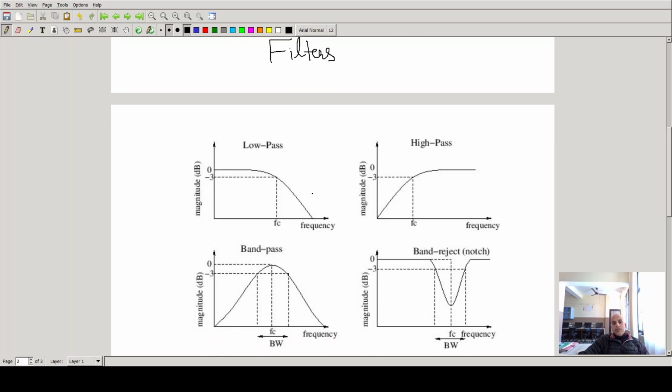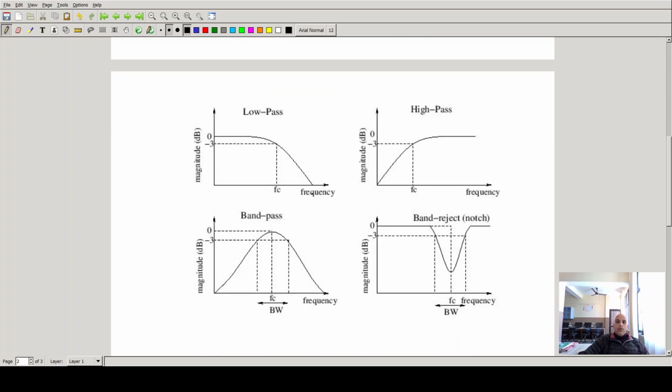Active components means those components which are capable of doing the amplification, like transistor, NPN transistor, PNP transistor, junction field effect transistor. All those are active components. Operational amplifier. These are active components. So if we make use of active components in the designing of a filter, then that filter is called active filter.